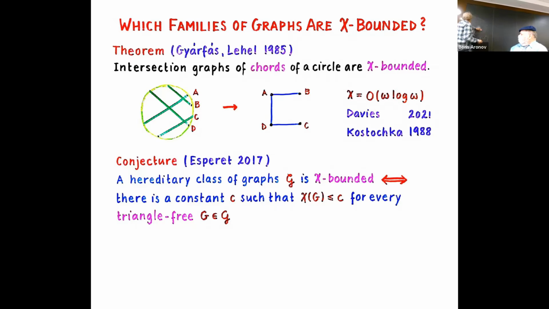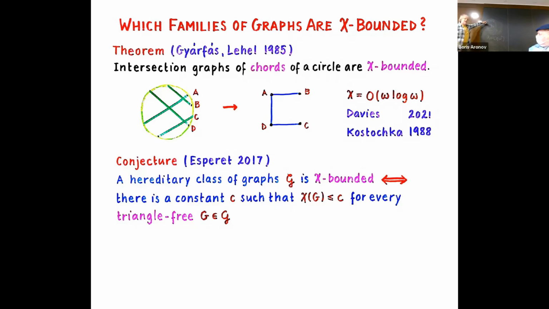this is the drawing that I wanted to make. In a hereditary class, if you have a graph and you have a subset of the vertices, then the subgraph induced by these vertices also belongs to the class. This is hereditary.